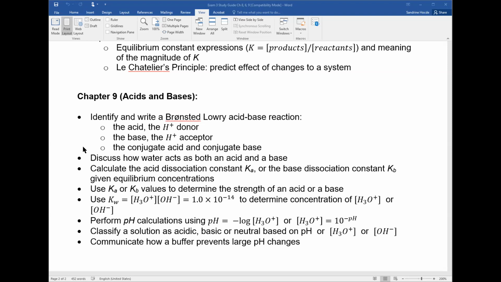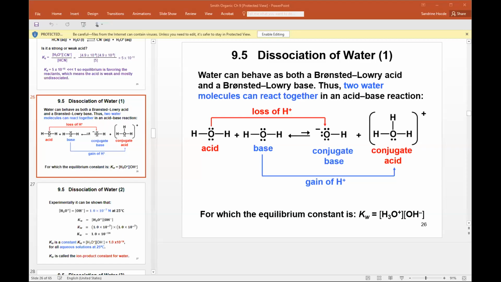Discuss how water acts as both an acid and a base. So we can look at the water dissociation reaction. If we have two molecules of water, one will act as an acid and the other as a base, because water is an amphoteric substance; it can act as both a Brønsted-Lowry acid and a Brønsted-Lowry base.